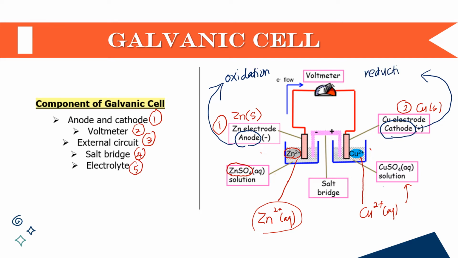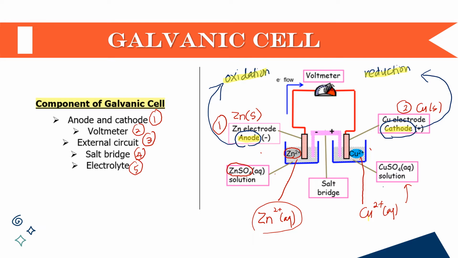This is fixed, regardless of whether it is the negative or positive terminal. Cathode will undergo reduction, and anode will undergo oxidation. The species at anode will undergo oxidation. The species at cathode will undergo reduction.